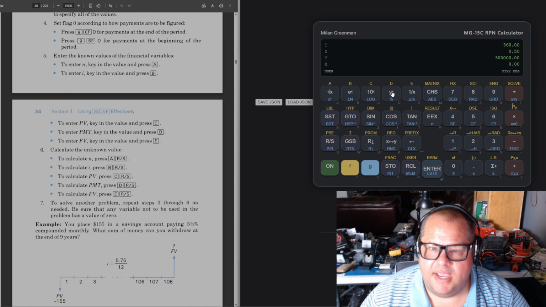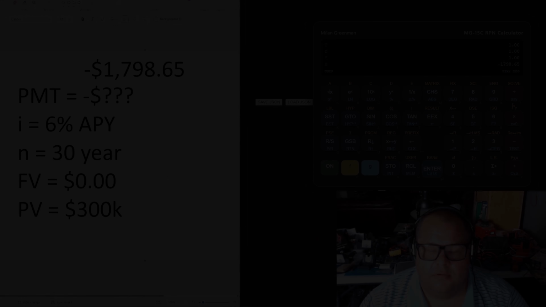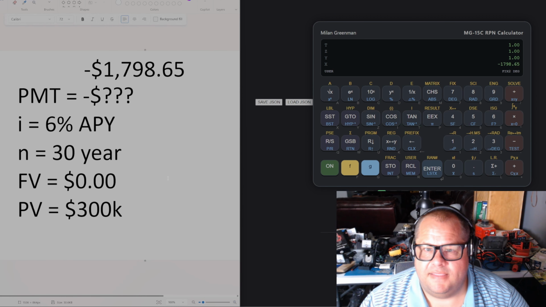So if we buy a $300,000 house or take out a $300,000 loan, interest rate of 6% APY, 30 years, we press D and then run stop. Our monthly payment will be $1,798.65.